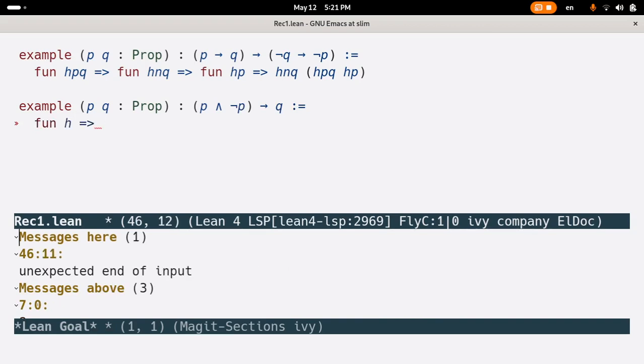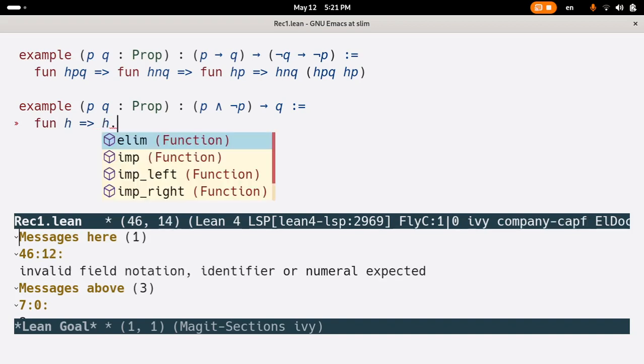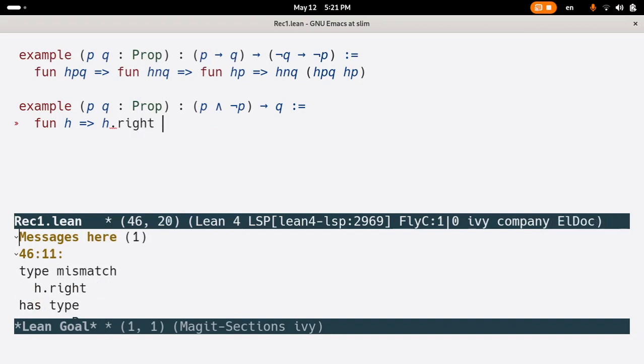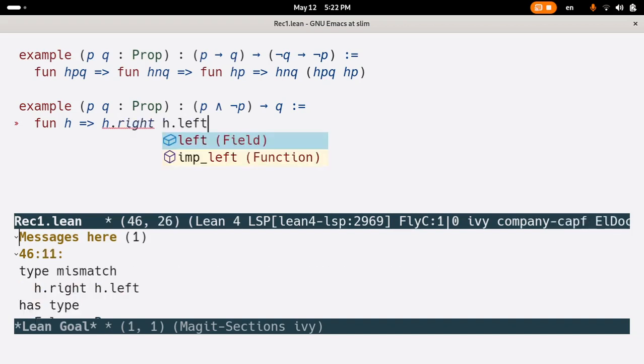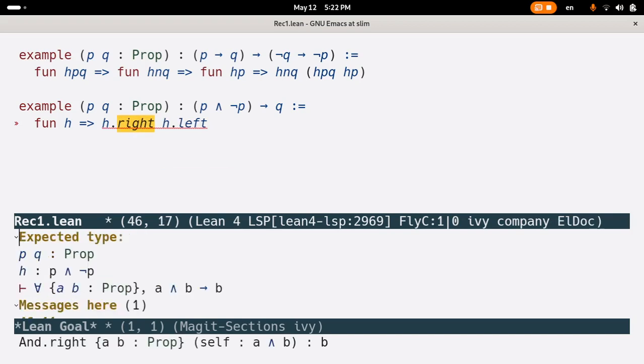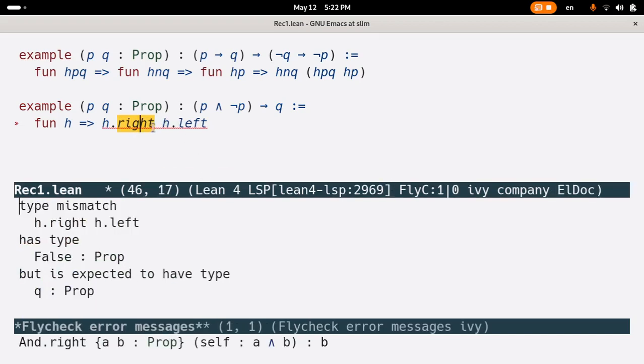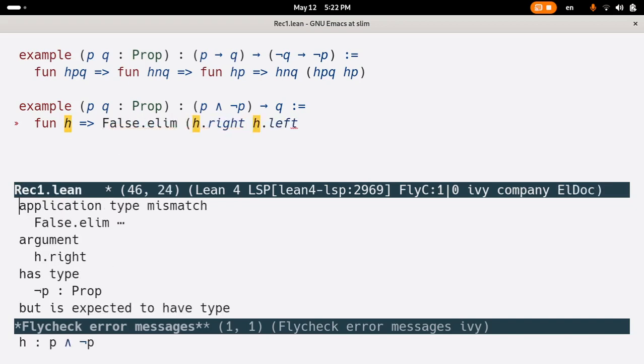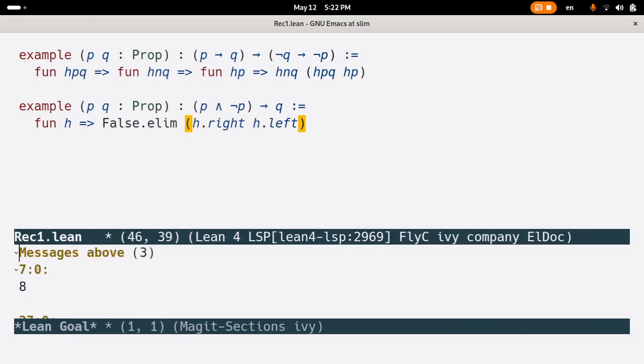You take a proof of P and negation P, and you can apply H.right to H.left. If I scroll here, you can see that Lean is complaining that I have proved false, but it was expecting a proof of Q. This is not an issue since you have already proved false. You can now prove whatever you want by applying false elimination.